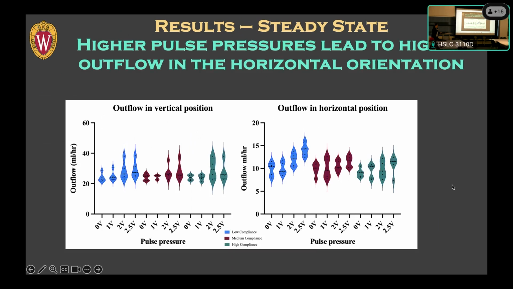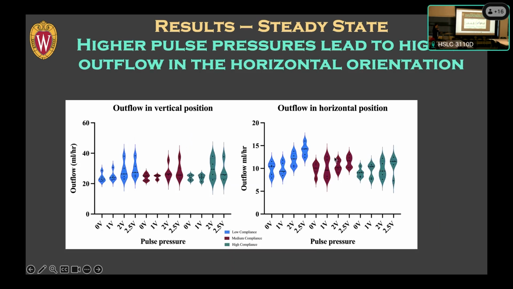We then looked at the steady state, which is the state we would like our patients to be in. And we saw that in the vertical position, and this is because of gravity, the pulsations really do not affect the outflow. And this is depicted by this graph. The different colors are the different compliances that we use. And we see that in the vertical position, we don't have tremendous increases in drainage pattern.